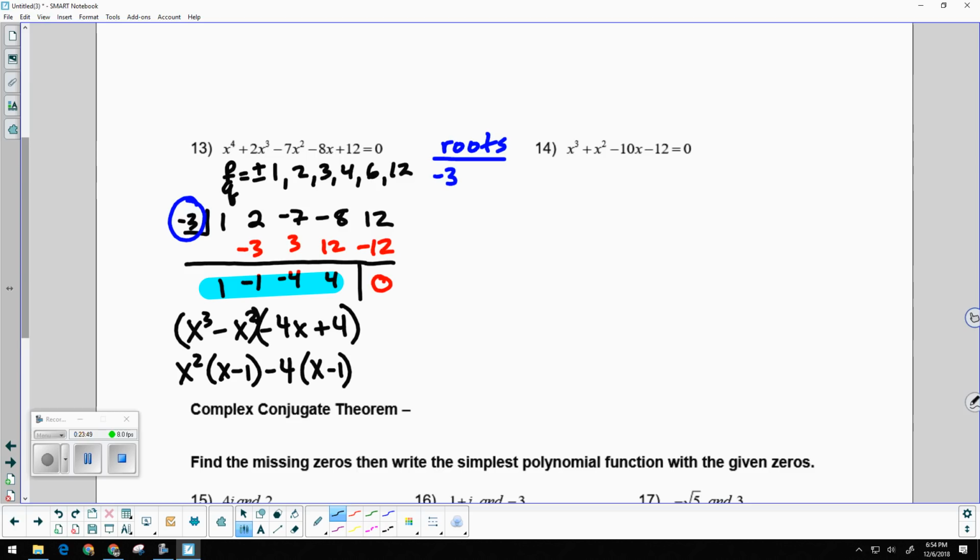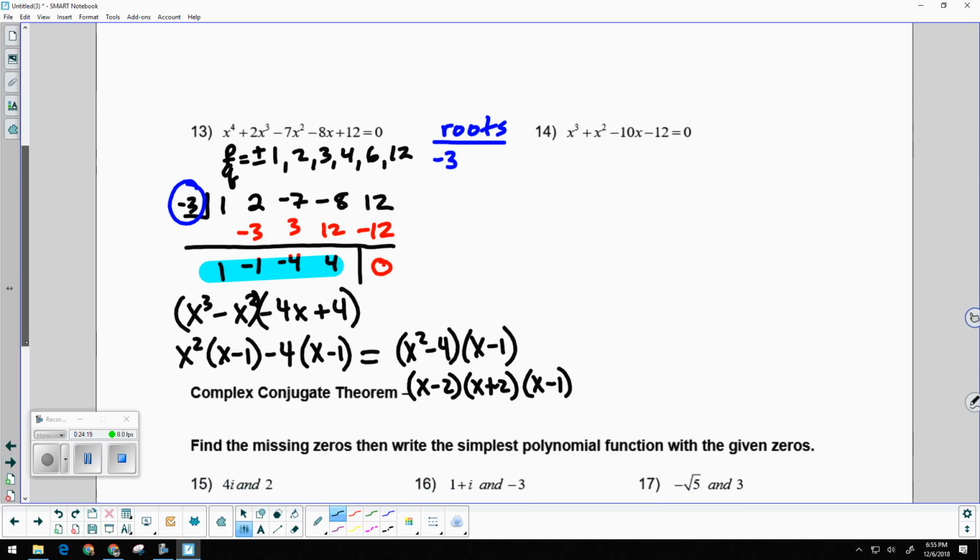And then my final answer in terms of this factoring would be x squared minus 4 times x minus 1. But are we done? I have a difference of perfect squares with the x squared minus 4, so I have to continue to factor that. That'd be x minus 2 times x plus 2 times x minus 1.